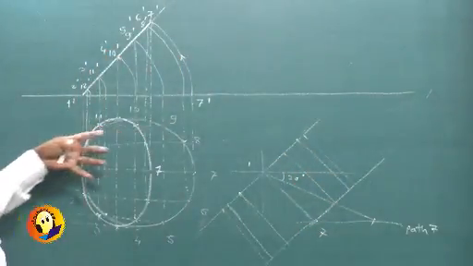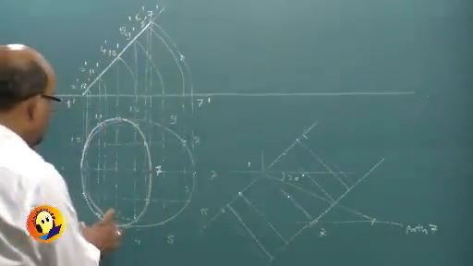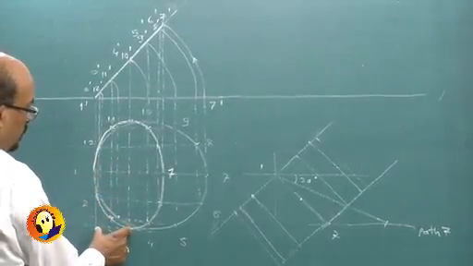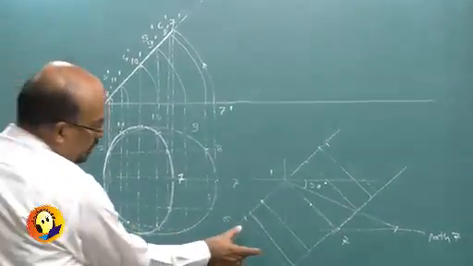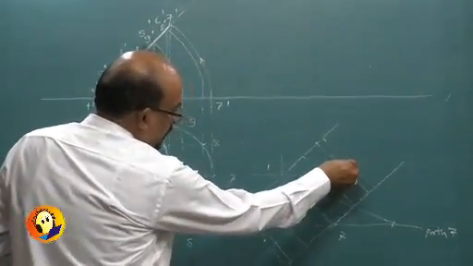So all these lines I have drawn. Then take the midpoint of it, or you can choose this distance, which is the midpoint. Mark it. Draw that line.